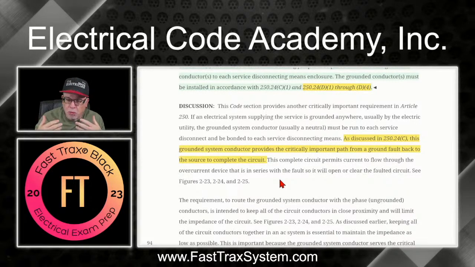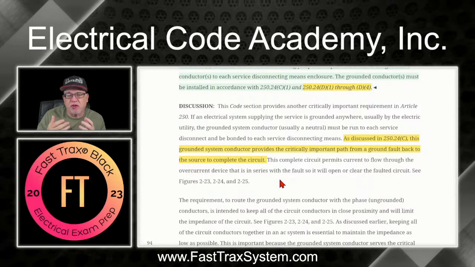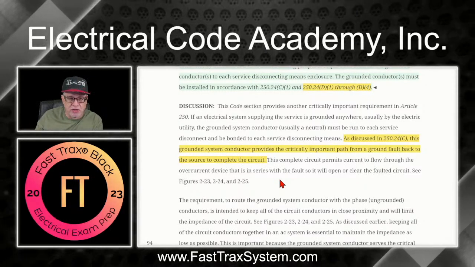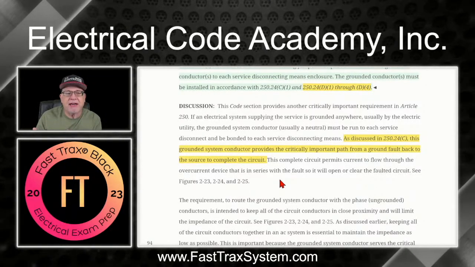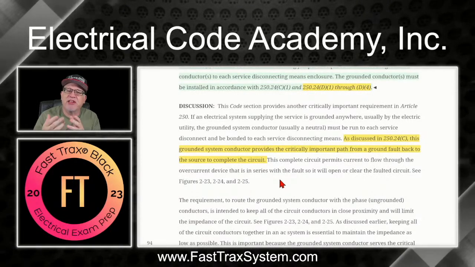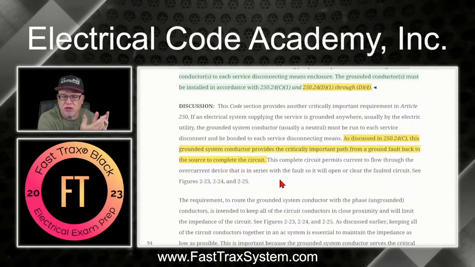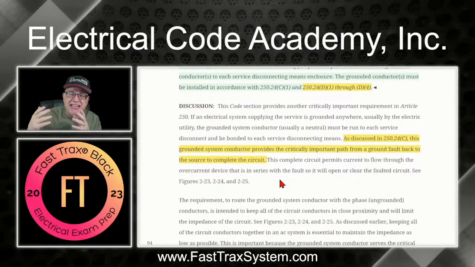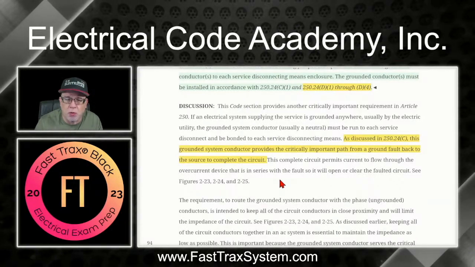So we're not talking about from the load side of a service disconnect where we have equipment grounding conductors. All right, that just brings it back to the panel. But it has to complete that loop all the way back to the source for that overcurrent device to function. And that main bonding jumper bridges that gap over to the grounded conductor from any enclosure that gets back to the source.